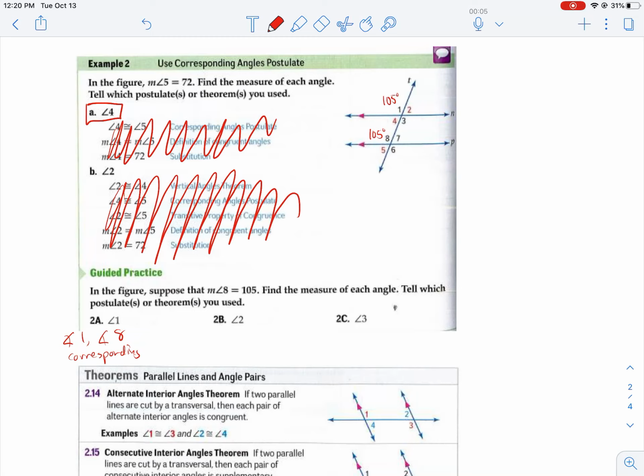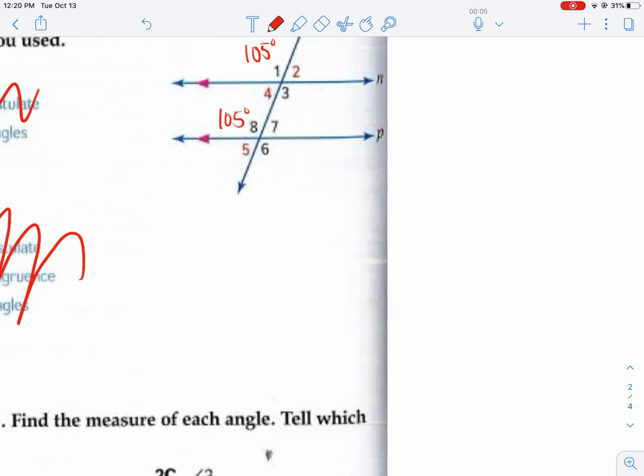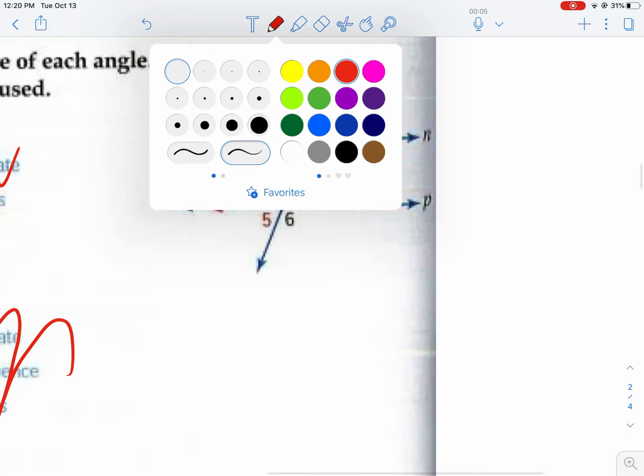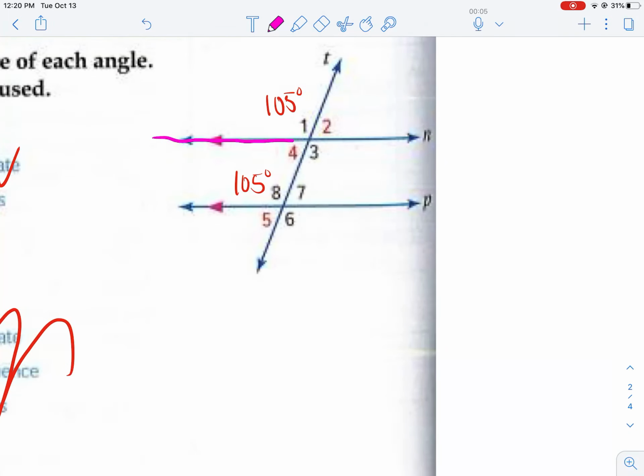Now you look at angle 2. All right, so let me zoom in on angle 2. So angle 2 and angle 1 form what we call a linear pair. And what do we know about linear pairs?